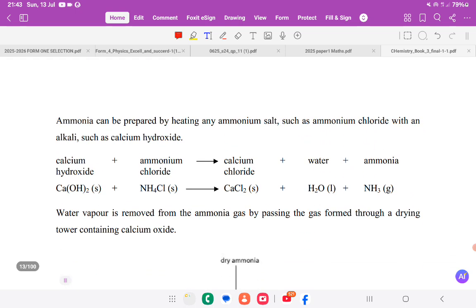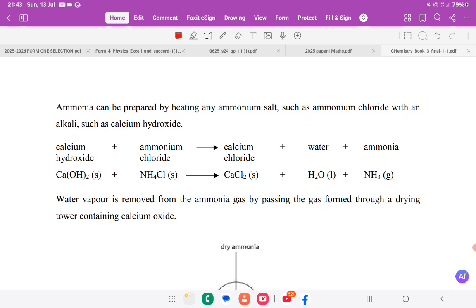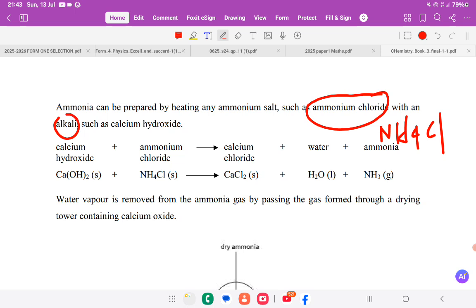All right, so ammonia can be prepared by simply heating what is called an ammonium salt, think about any ammonium salt, such as ammonium chloride. Ammonium chloride is NH4Cl, okay, with an alkali. Remember, an alkali is a base. It's a base which is soluble in water.